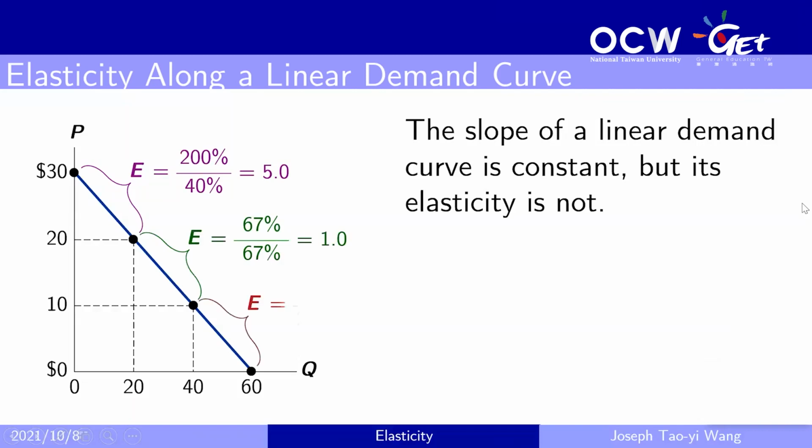And going from 40 to 60, elasticity is 0.2. And the key thing is that price elasticity is sort of like slope, but it's the percentage change in quantity demanded divided by the percentage change in prices. So it's measured in percentage terms, not absolute terms. If it's absolute terms, then it's the slope. But it's percentages, so it's not.